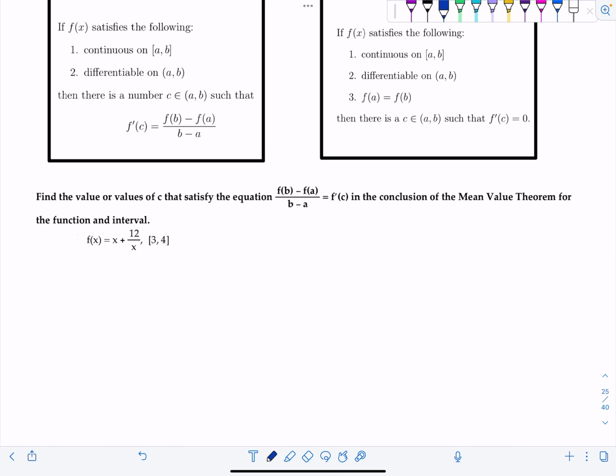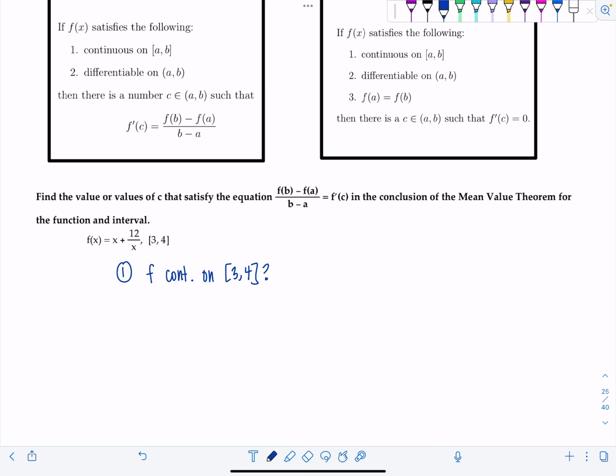First thing, I need to show that f of x is continuous on a to b. So is f continuous on 3 to 4? Well, how do you show that? We have a three-part definition of continuity, but that's only to test continuity at one point. How would you test the entire interval from 3 to 4? You can't, not using that definition.